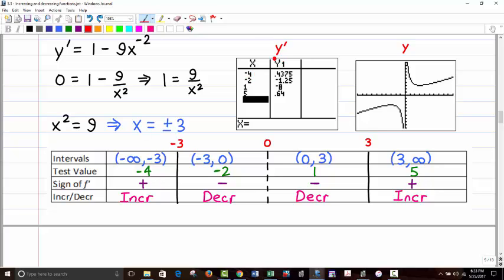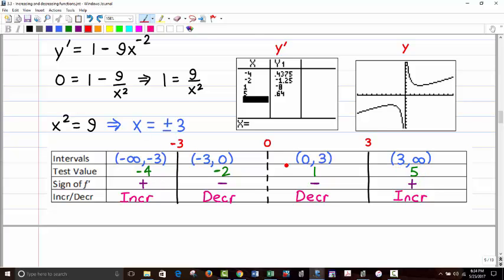Anyway, I just typed in this derivative, though you can't see it, so you can verify and let me know if I got it wrong or not. Kind of like y prime in there: less than negative 3, I put negative 4. Between negative 3 and 0, negative 2. Greater than 3, I put 5.